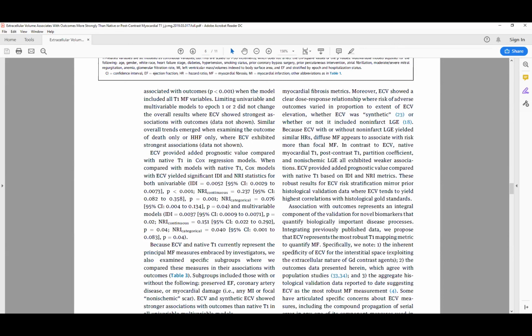All these things can influence it. I just think it's a really imprecise measure, and so it may work out in populations, but in my mind, it's inferior. It's another data point, but if I have both T1 and ECV, I put all my diagnostic and prognostic money on the ECV variable.